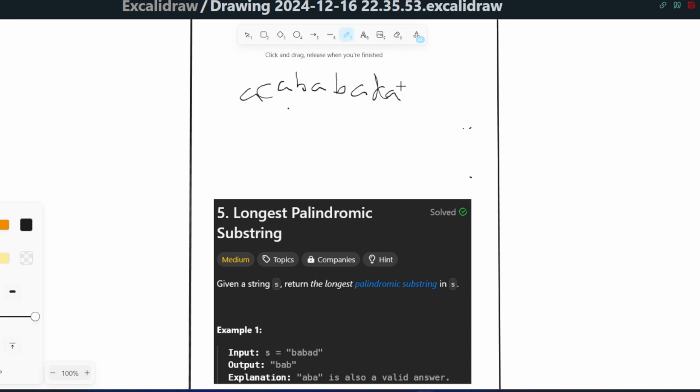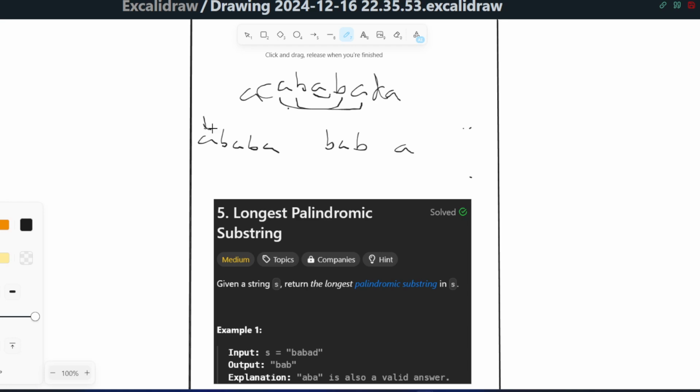The reason I'm saying this is inefficient is because you have repeated calculations. At some point, you're going to be checking ABABA. You're also going to be checking BAB, and you're also going to be checking A. So A would be this A, BAB would be this one, and ABABA would be that.